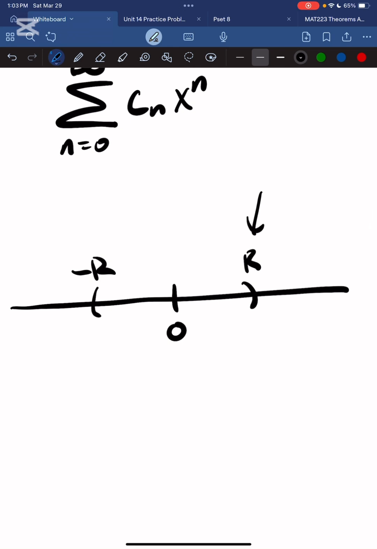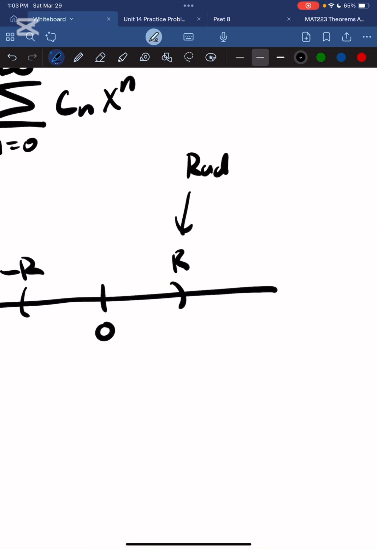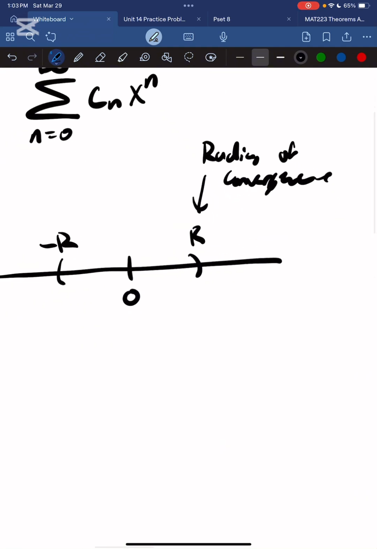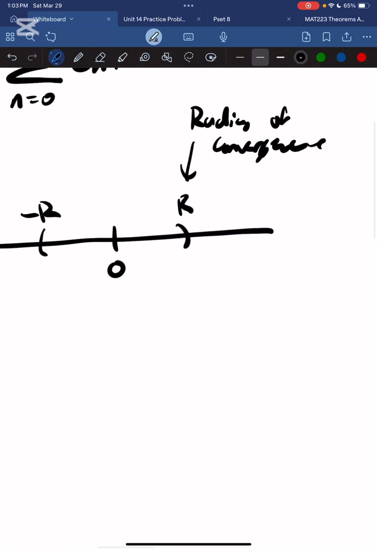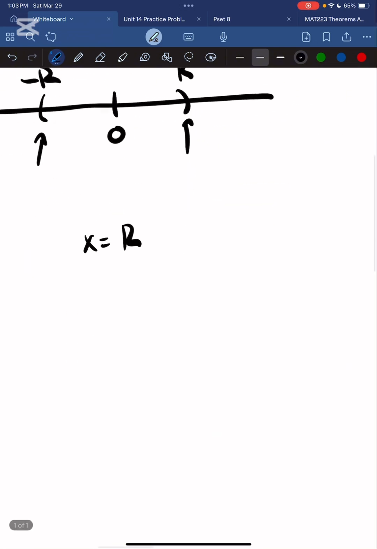We call R the radius of convergence. This is pretty important because it allows us to figure out when a power series is convergent versus divergent. One key point is that at these endpoints, at literally x equal to R, we don't know.